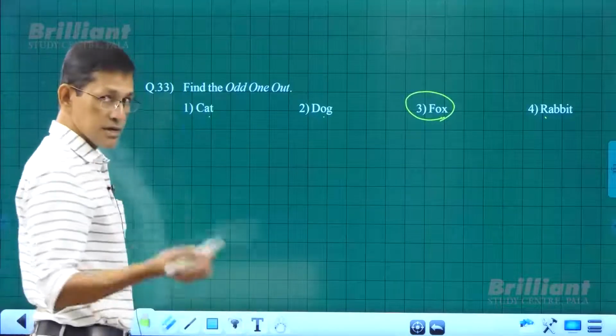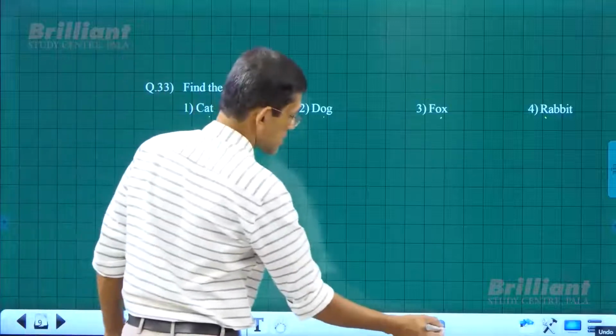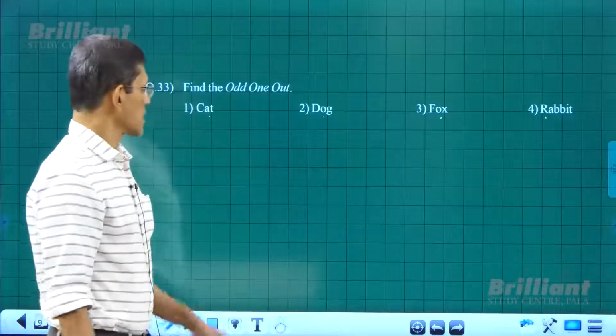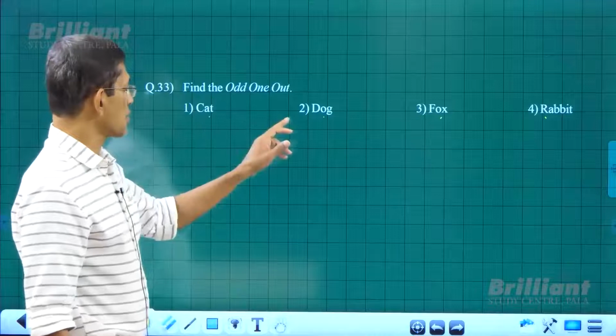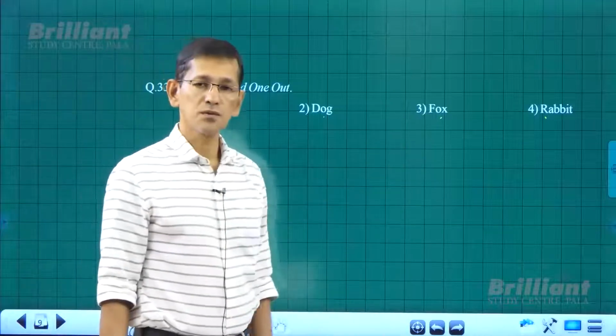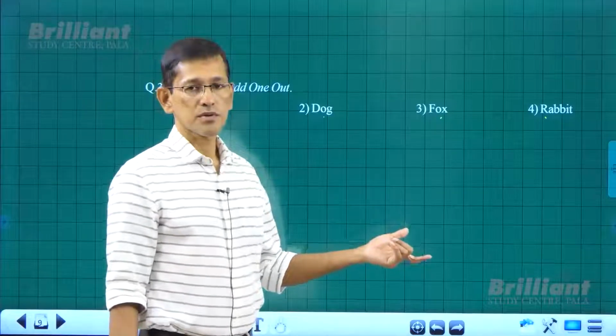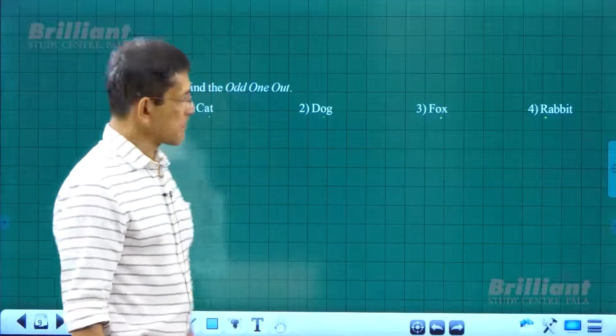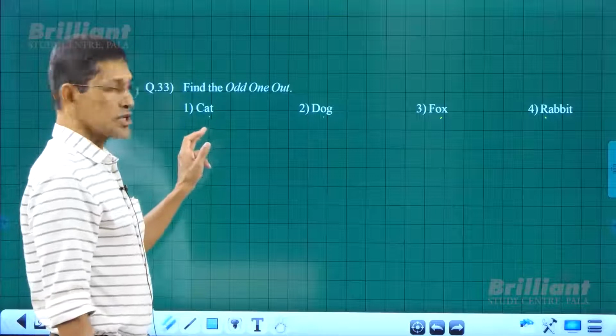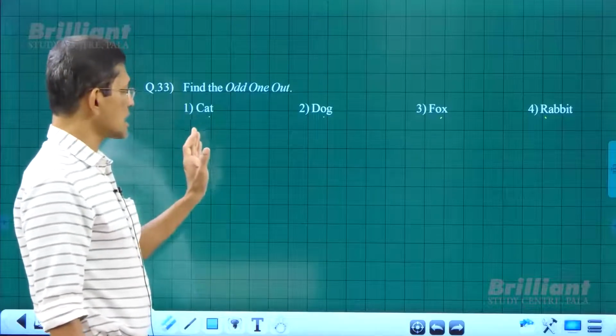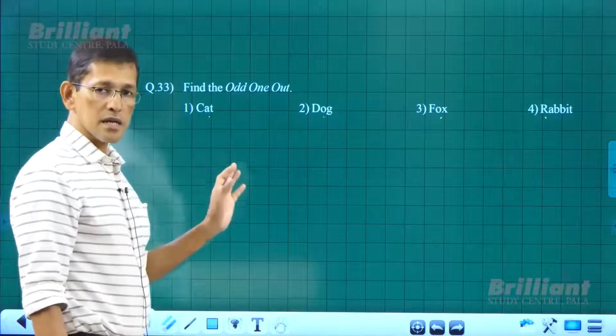And of course, there are different ways of looking at it. I'm pretty sure some of you have a different answer. In this case, cat, dog, and fox are carnivores, right? And rabbit is what? Herbivores. So that's a herbivorous animal. And at the same time, we don't use the meat of cat, dog, and fox for eating.